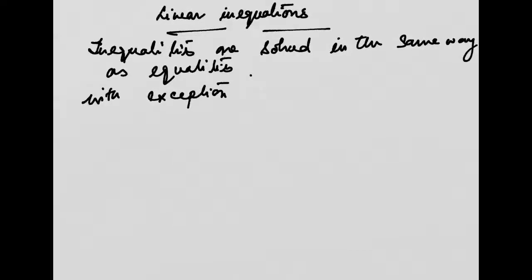multiply or divide both sides by -1. Otherwise we don't need to change anything, but here the direction of the inequality sign reverses.